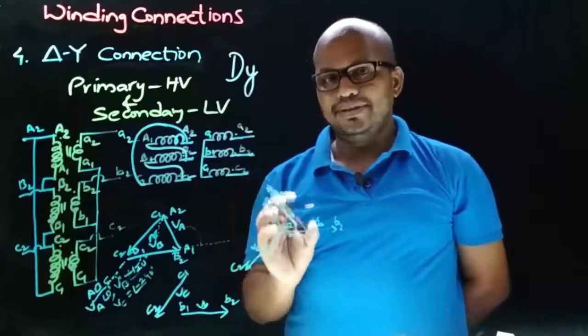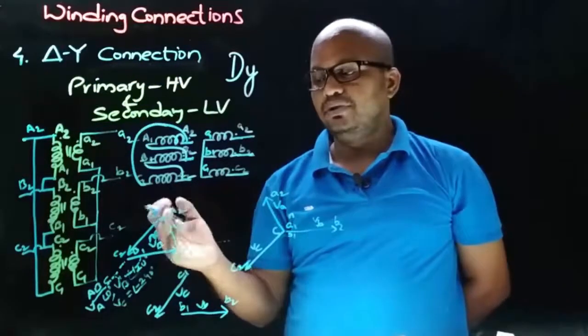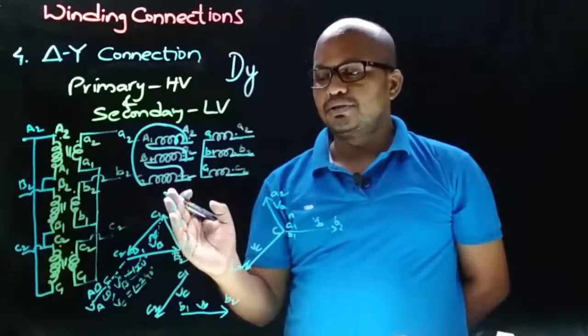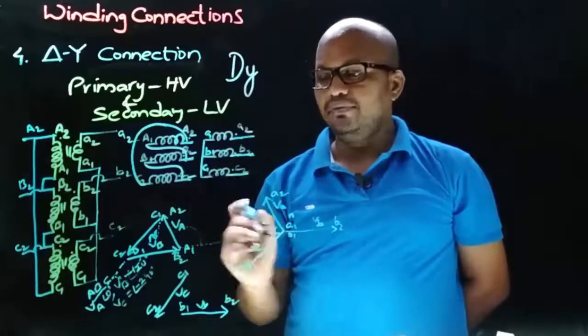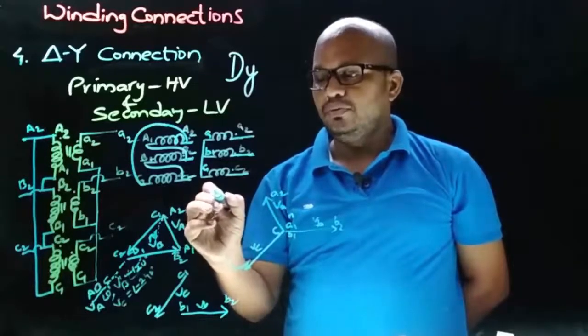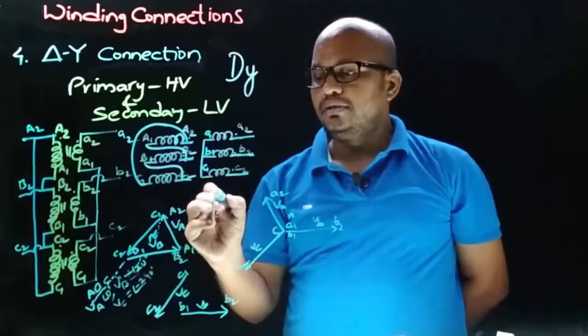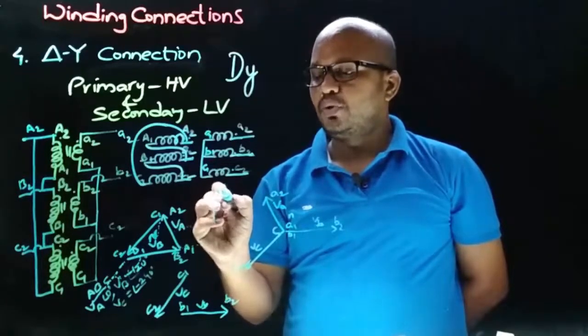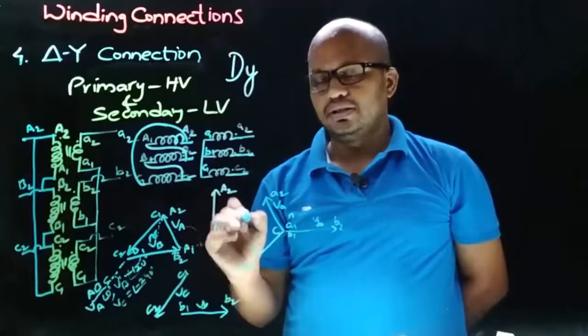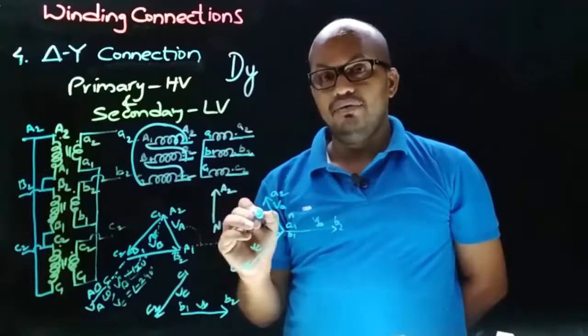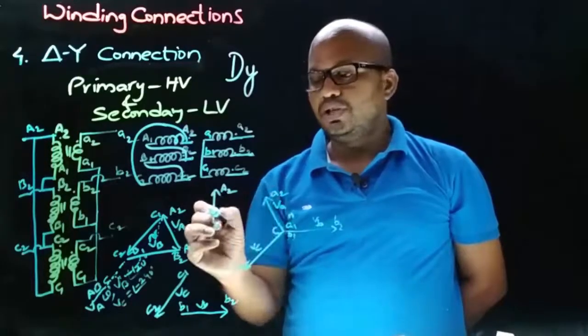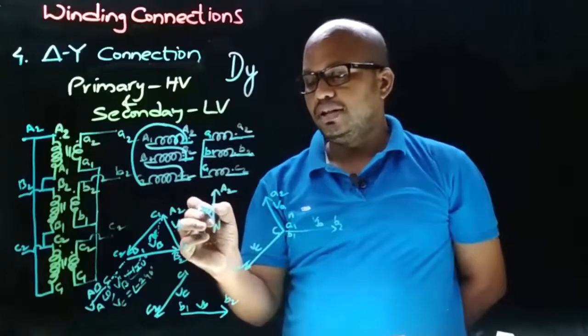And now superimpose this diagram on this diagram and observe the phase to neutral voltages of the HV winding and LV winding. So if you superimpose, then the HV winding phase to neutral voltage will look like this, and the LV winding phase to neutral voltage will be like this.